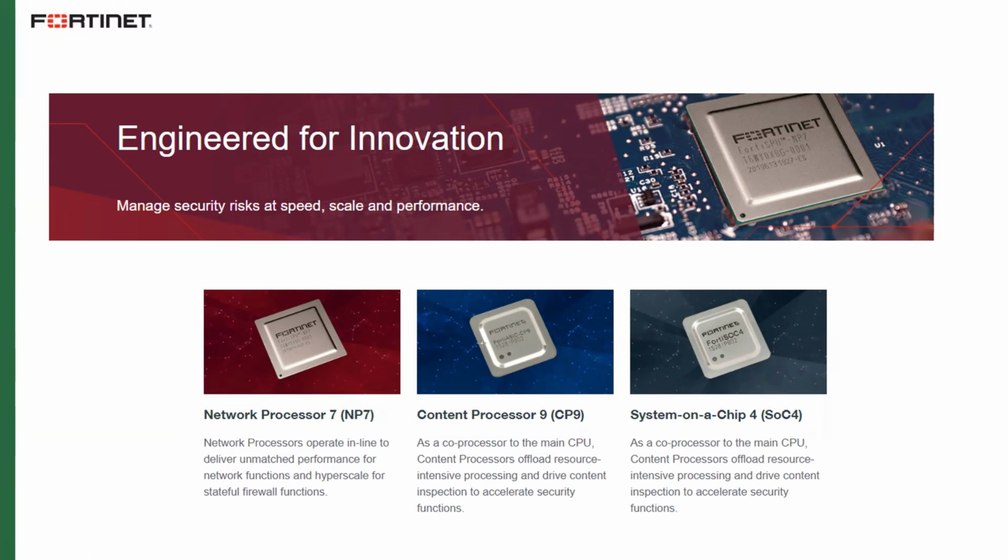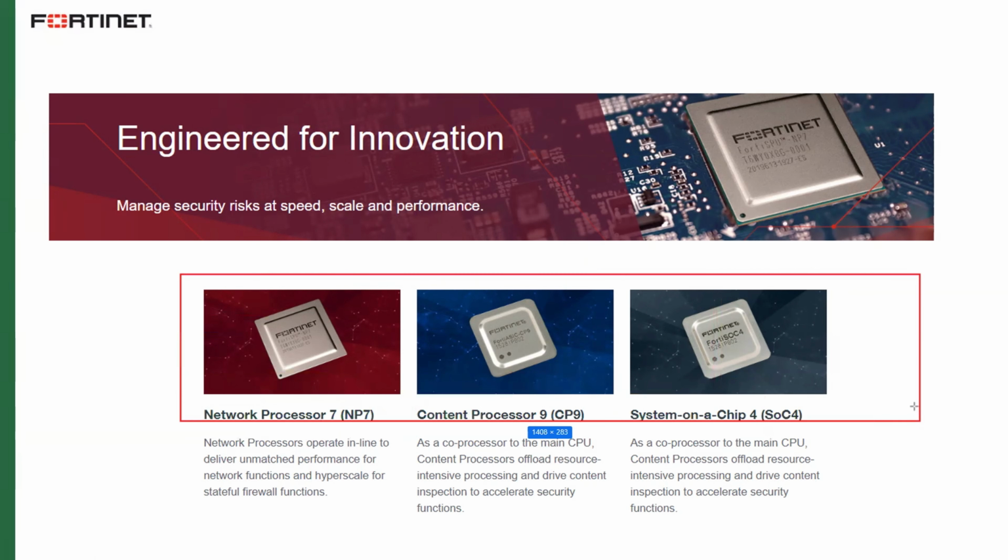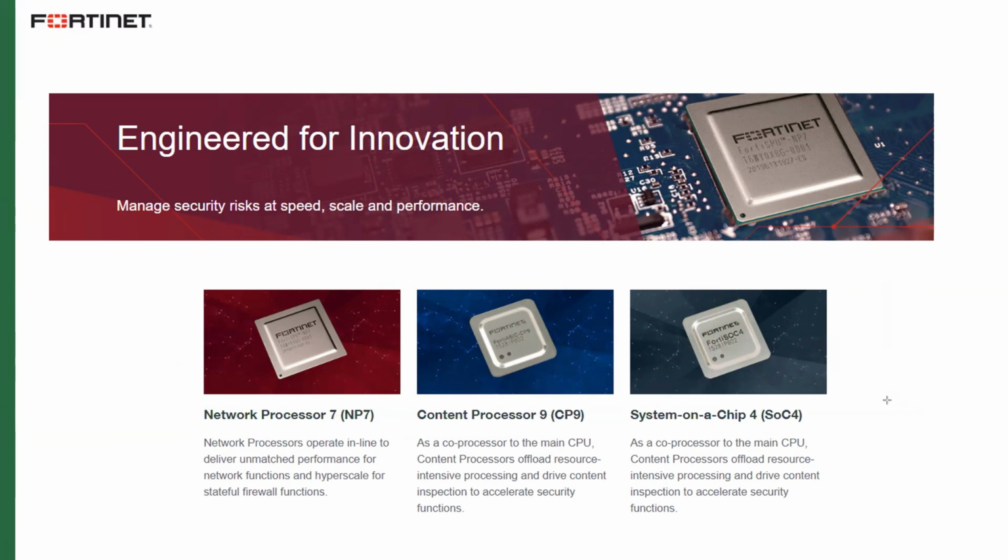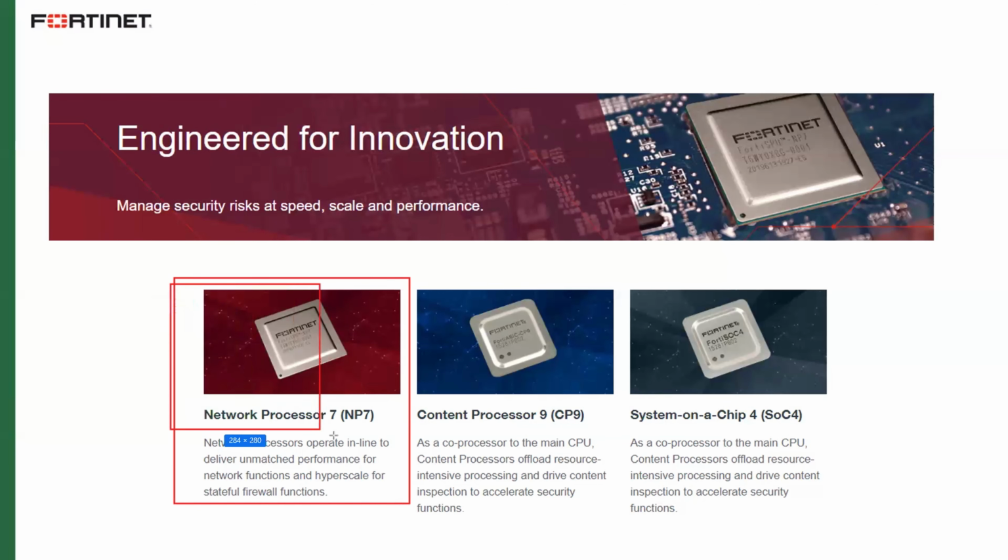We have different facilities and features based on these processors. The network processor will deal with all the networking protocols, routing, ARP, quality of service. This type of stuff will be taken care of by the network processor.